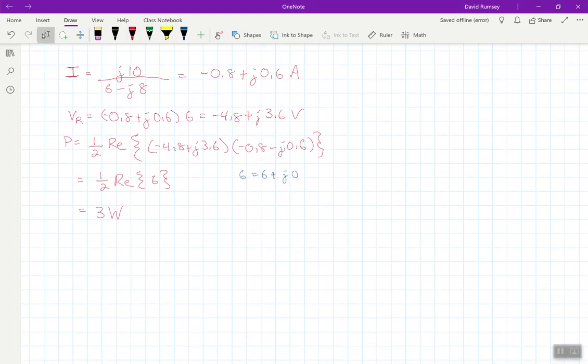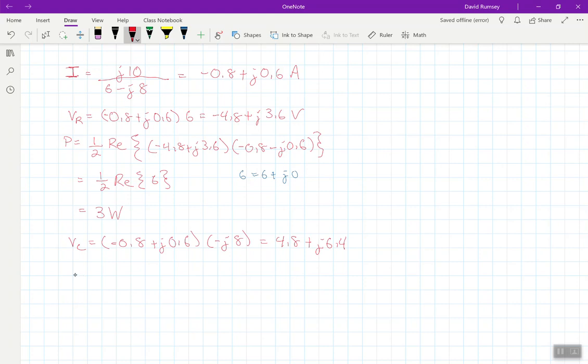Now let's do the same thing for the capacitor. Voltage across the capacitor, same idea: the current, negative 0.8 plus j0.6, times the impedance, which is minus j8. And if I do that computation, I get 4.8 plus j6.4.